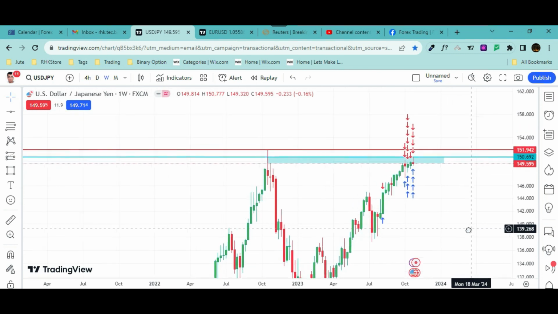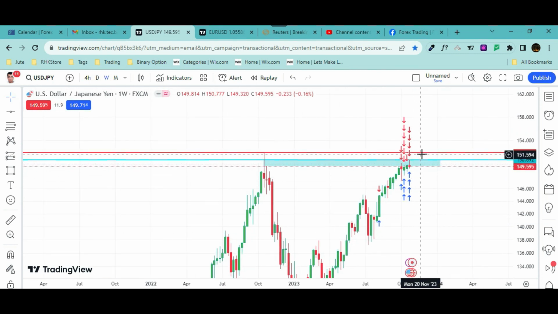Maybe it will break this double top and go more higher. We don't know that. Whenever we do technical analysis, the main reason is to increase the probability of the trade which we are going to take. But that is not based on assumption or what we think, rather what the market is saying.